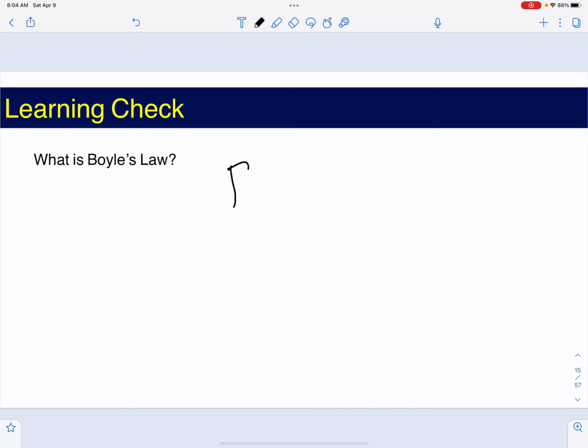If I have a problem that is telling me that this is my pressure, this is my volume, if I change the pressure to this, what will be my volume? That means you have to solve for the new volume, which means I'm going to have to leave V2 by itself, and I do that by canceling this.